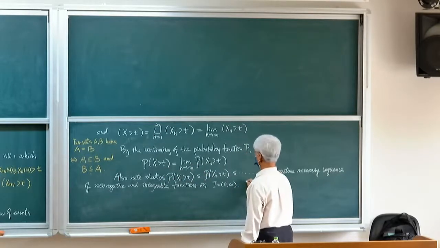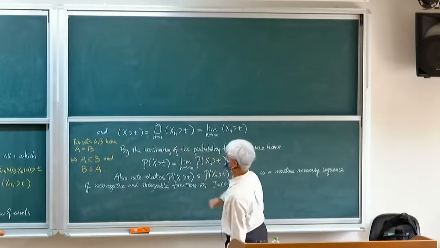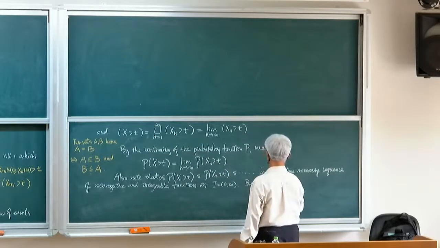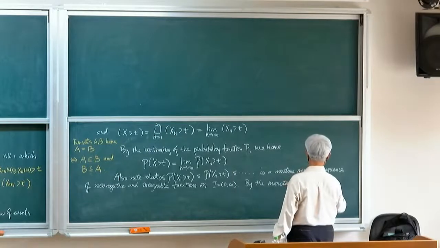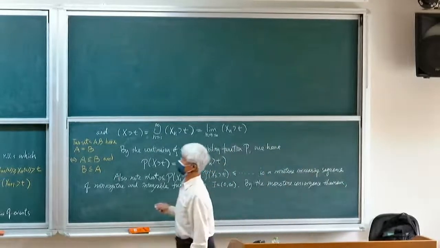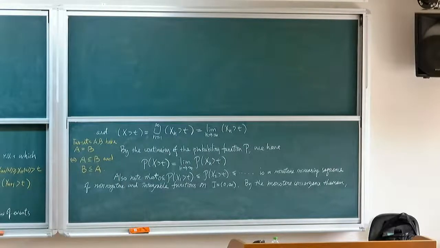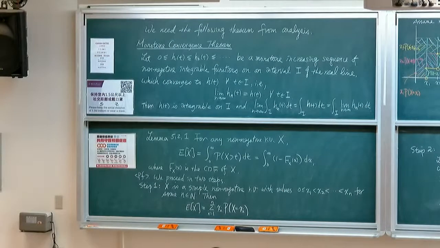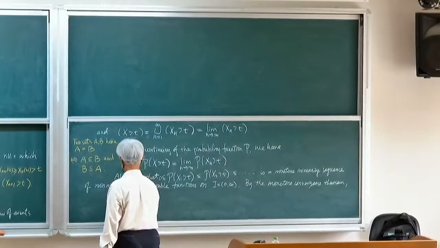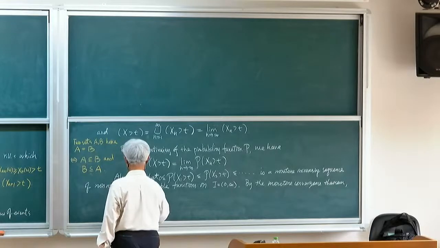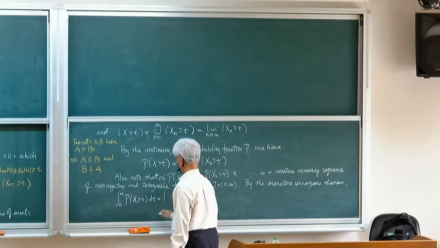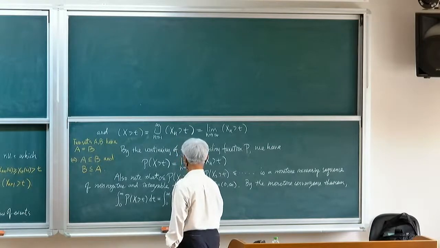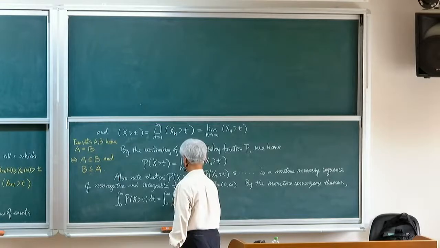So now by the monotone convergence theorem, this integral exists, and this integral is the limit of the probability of X_n greater than t as n goes to infinity.